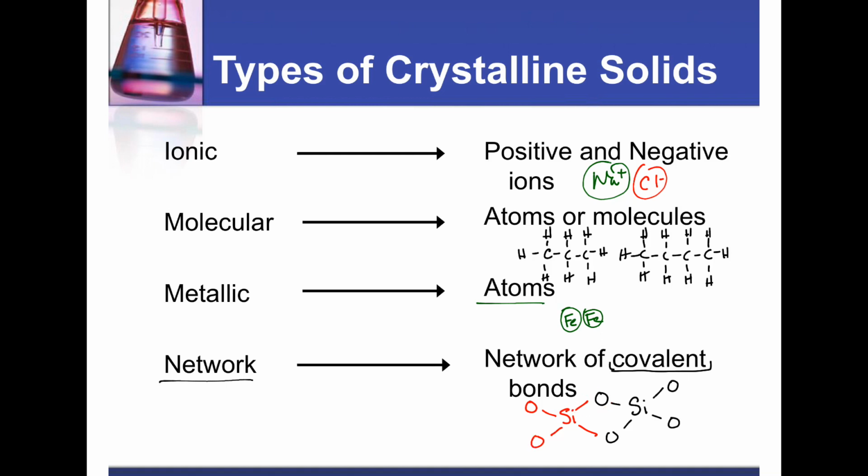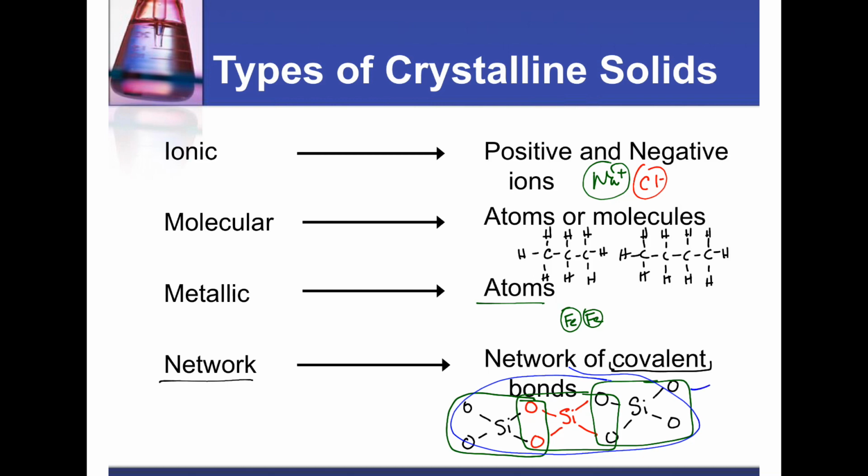And then the pattern keeps on repeating. So it's kind of like this is a silicate, and this is a silicate, and this is a silicate, but each one of those is sharing oxygens with another silicate compound. So this is technically all totally covalent, but it has a very rigid structure and a very patterned structure, which is a lot like what we see in ionic compounds.